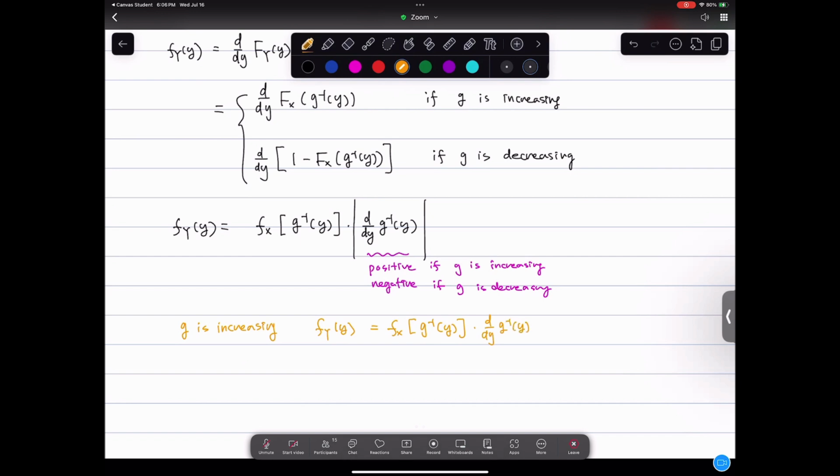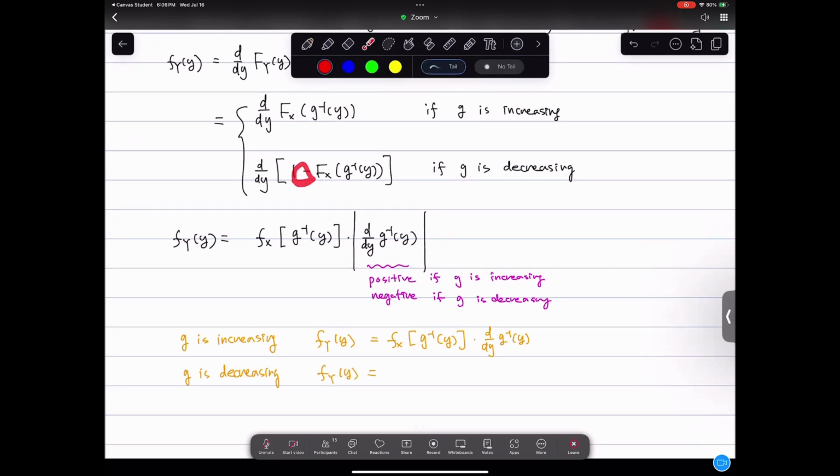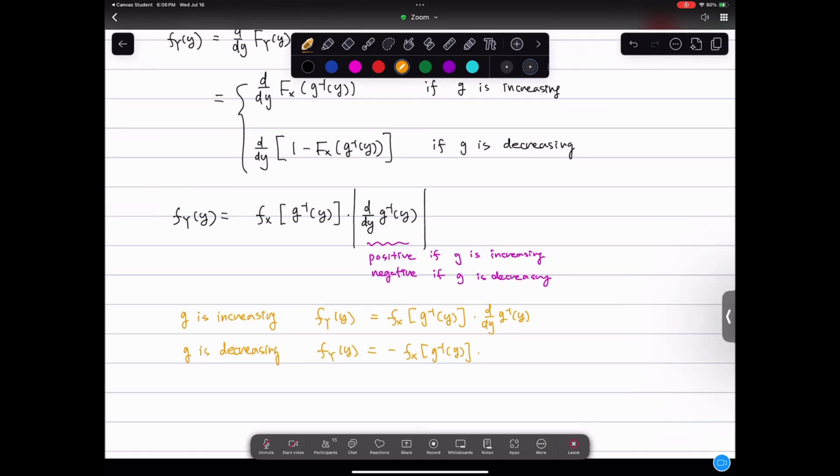If the G is decreasing, then your f of y, you will get, because of this negative, you get the negative of f of x, G inverse of y, and then times by the derivative of G inverse of y, and that G inverse of y, that's a negative number because G is a decreasing function.